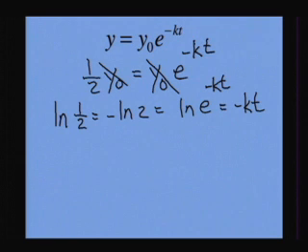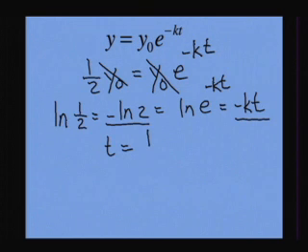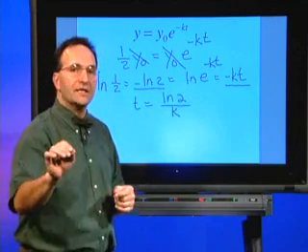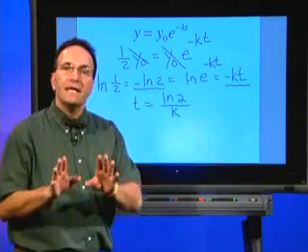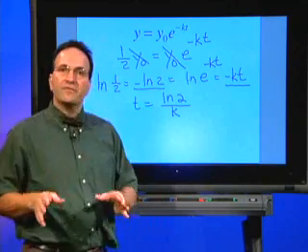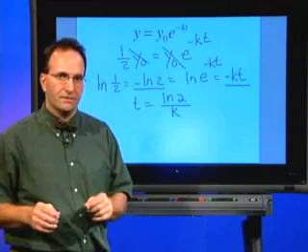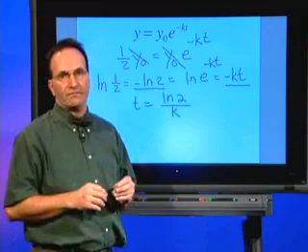Therefore, when we solve for t, we have t is equal to the natural log of 2 divided by k. This is the formula for half-life, the log of 2 divided by k, where k is the decay constant, which means that the half-life is only dependent on the decay constant. That's all that matters to determine the half-life.